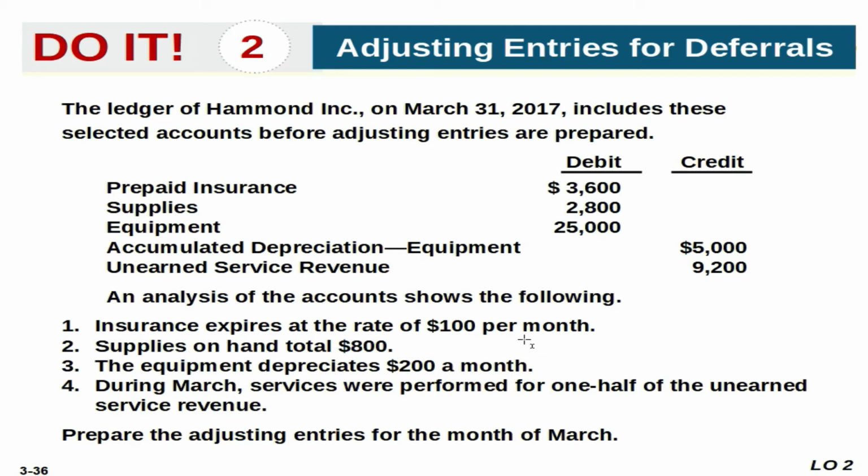Insurance expires at a rate of $100 per month. So that's our prepaid insurance. So this must be a 3-year insurance policy, right? Because 3,600 divided by 12 is 3.